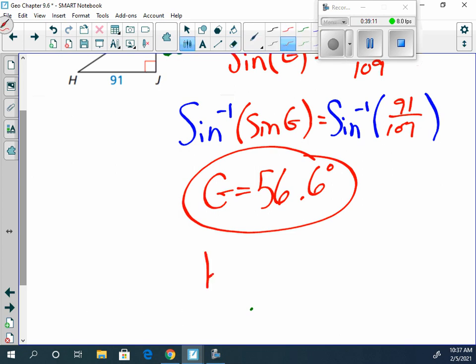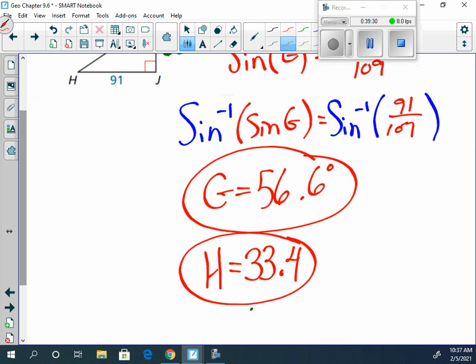And our other angle would be angle H, yes? And to find angle H, we would add it to 90 and subtract it from 180. You take 56.6 plus 90 and subtract that from 180.